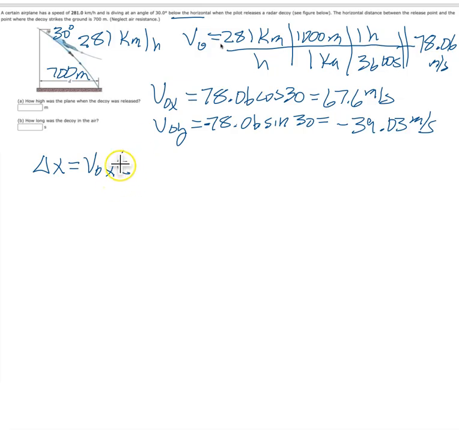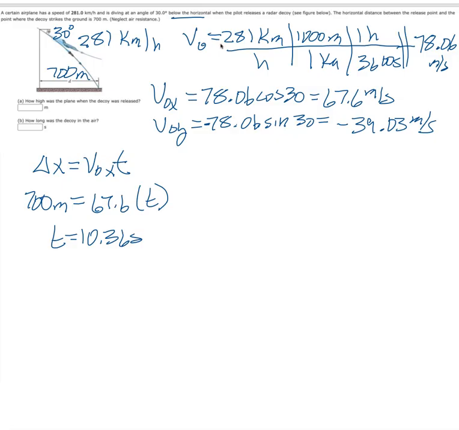Because there's no acceleration, we don't need the rest of the equation. We already know that delta x is 700 meters, and our original speed in the x direction is 67.6 meters per second times time. If you divide the two, we find out that it is in the air for approximately 10.36 seconds.